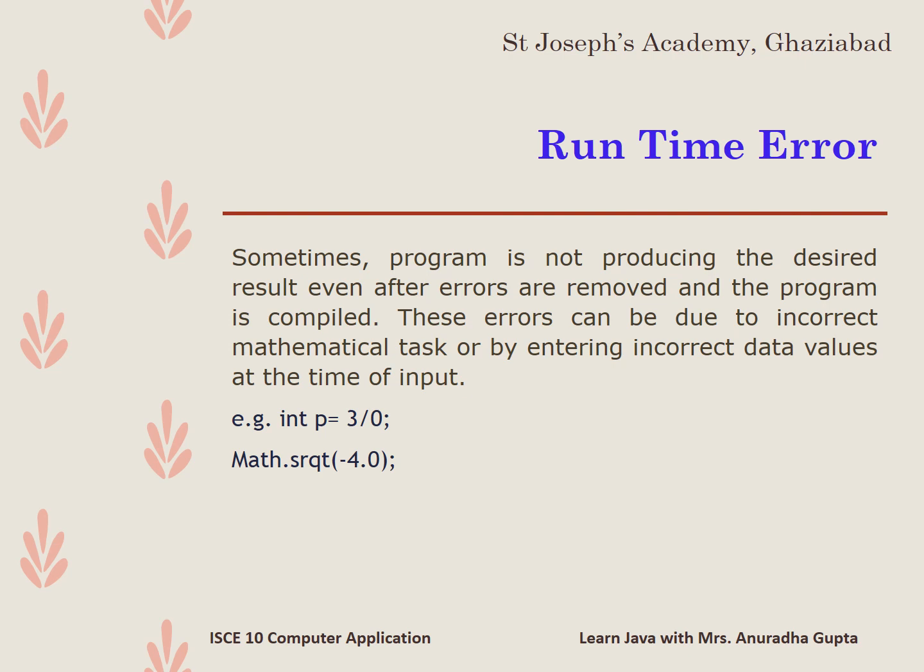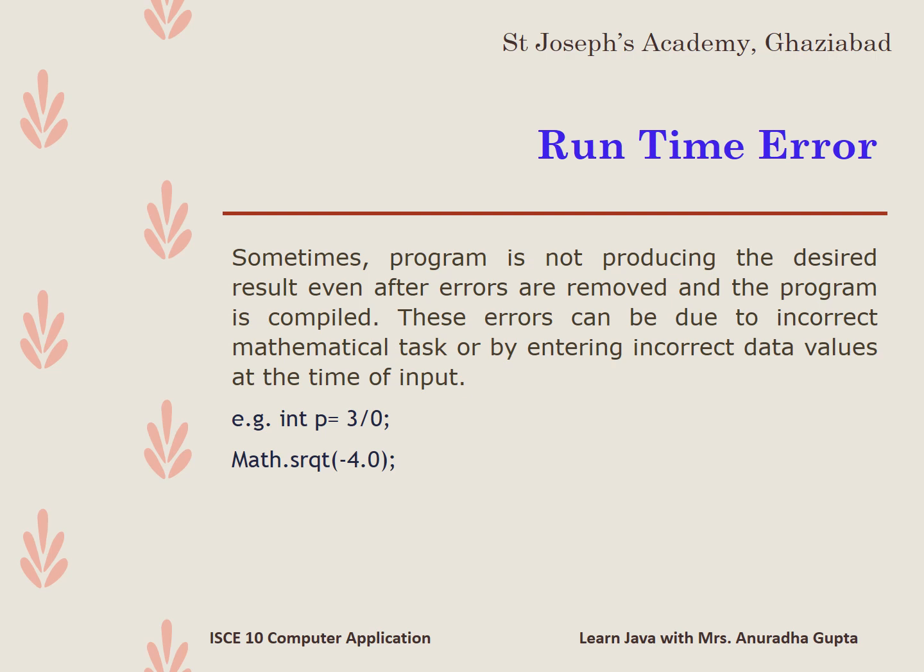Third type of error is runtime error. Errors which don't come under syntax error or logical error come under runtime error. These errors can be due to an incorrect mathematical task or by entering incorrect values at the time of input.